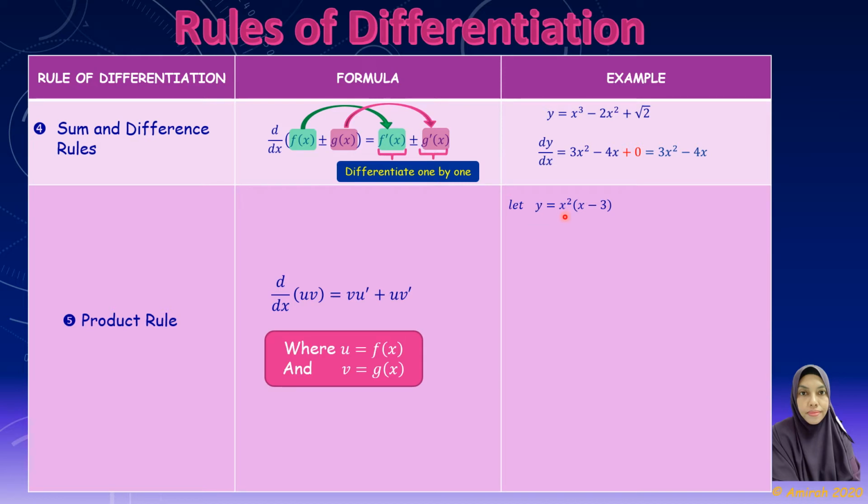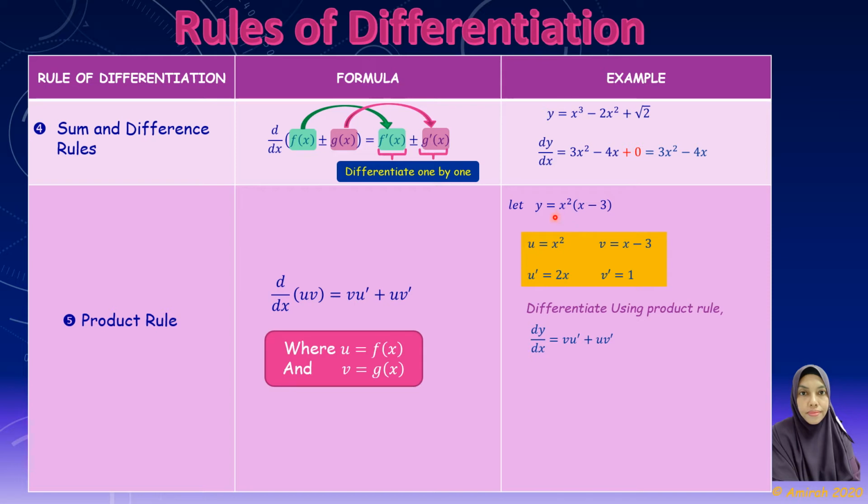If we have y equals x squared times (x minus 3), the relationship between these two functions is multiplication. So we need to use product rule.